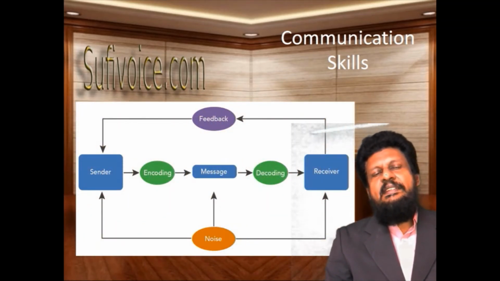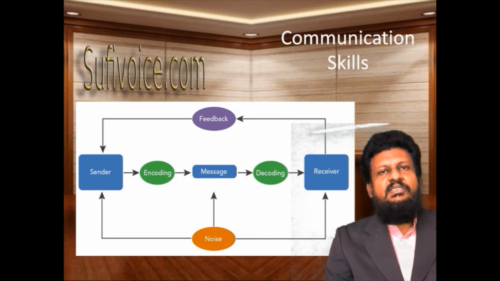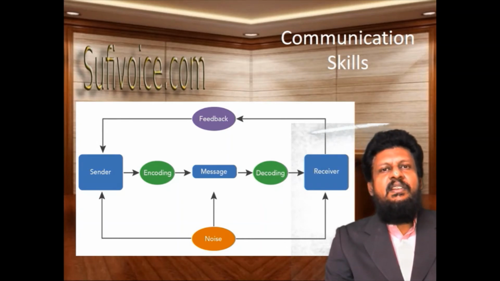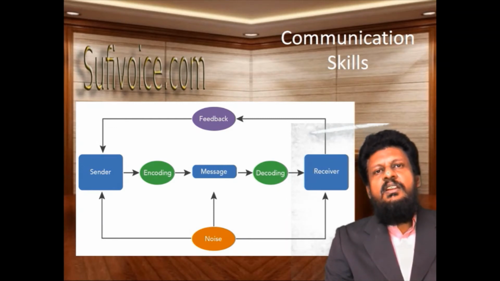Now, till here fine, but sometimes there may be an external noise. Noise here is also referred to as communication barriers. Now what can be communication barriers? Suppose someone has gone to a restaurant and ordered food.